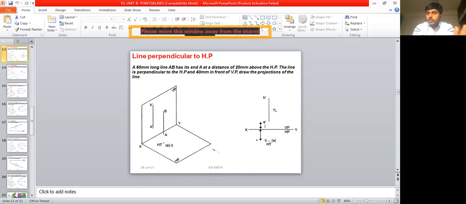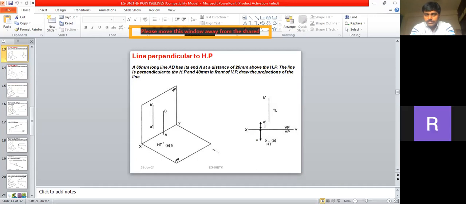How we need to draw it now. Is it visible for you? Please, all of you, someone tell me. I went to Paint, I am drawing in Paint for you. Is it visible? No, sir. Not visible.